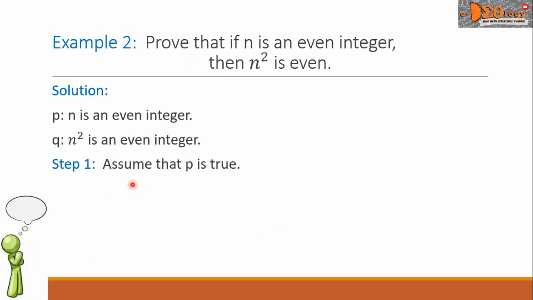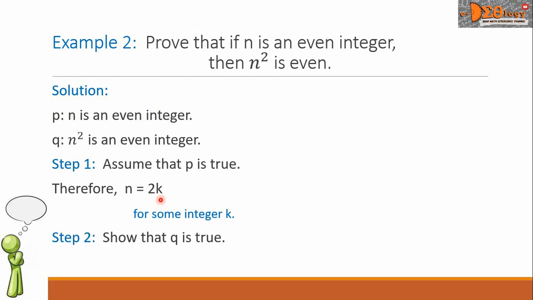Step 1, assume that P is true. We will assume that n is an even integer. If that is so, we may write n equal to 2 times k. This k here is another integer.